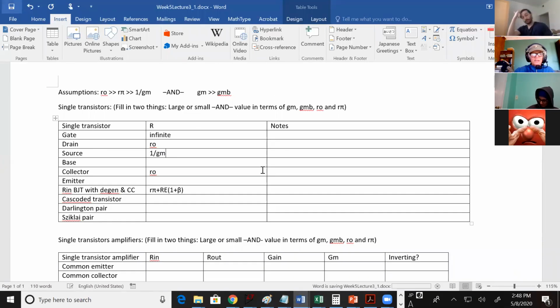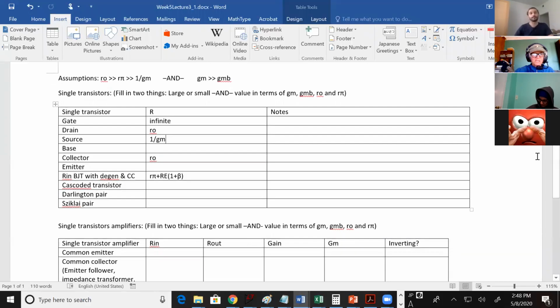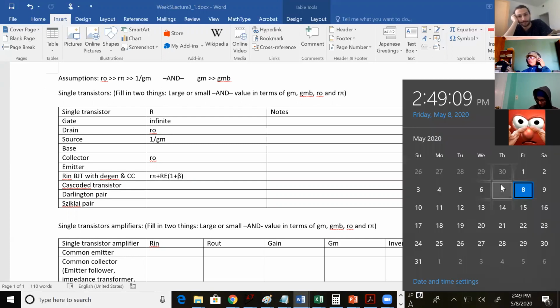Okay, not too much time left, but what do you think looking into the emitter? If I give you 1 minute to figure out what it looks like looking into the emitter? If I give you 50 seconds, no pressure.